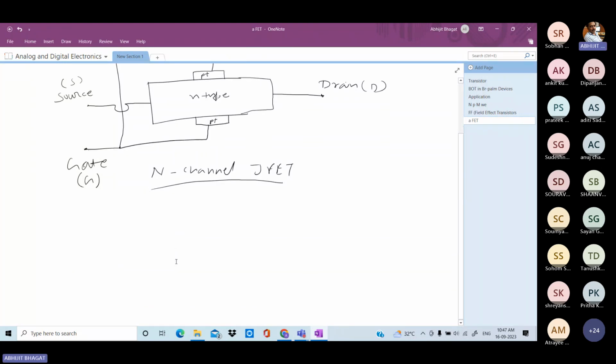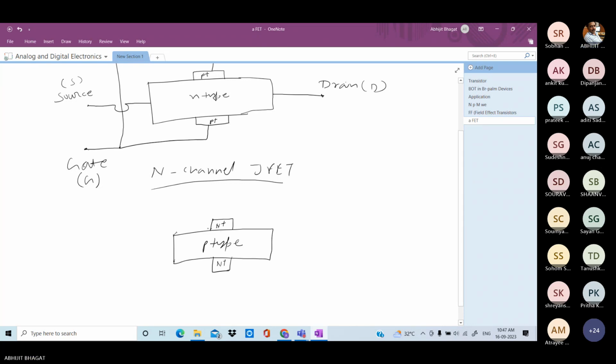Now next one is P channel. For P channel, just opposite of the previous one, the bar is of P type. Above this P type bar, an N plus region is created, and below also an N plus region is created.